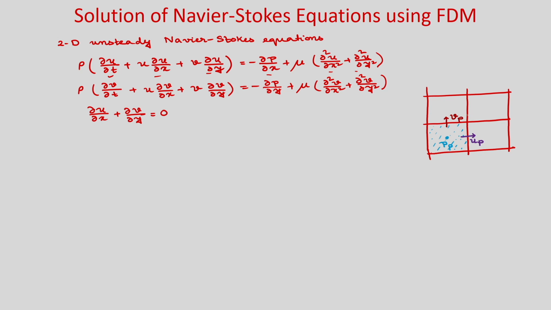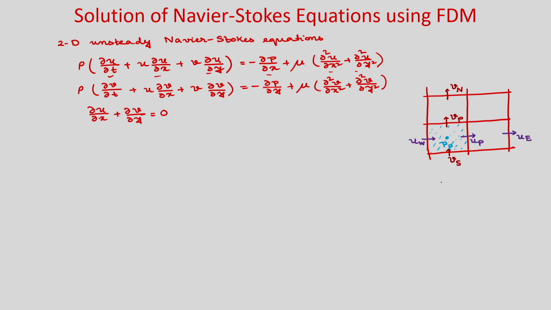Obviously, you can see that you will have here v s, and here you will have u w, and similarly here you will have u e, and here you will have v n.